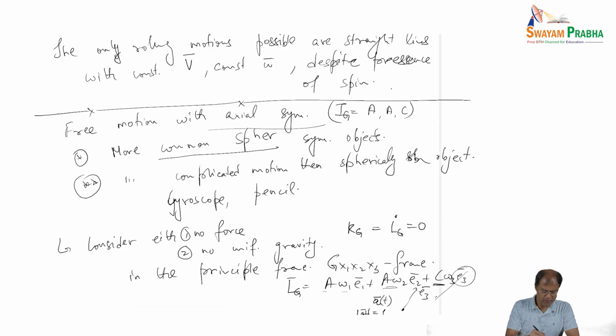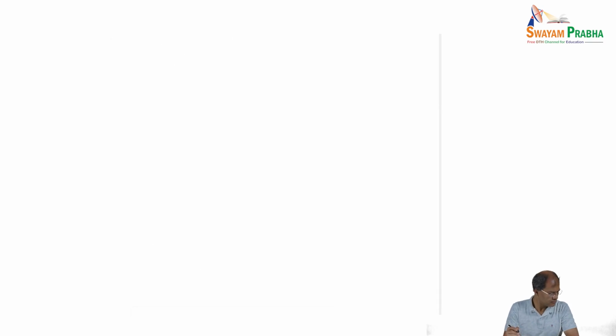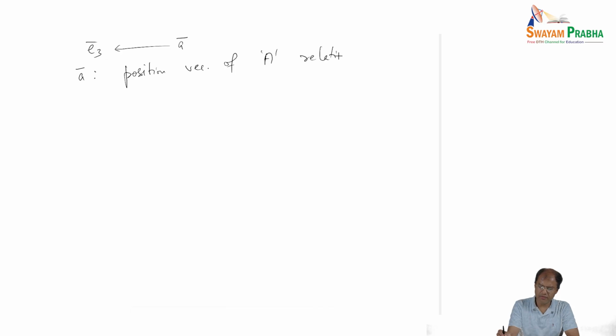So then what have we got? Suppose we denote our E3 axis by A, and let A be the position vector of point A relative to G, such that the norm of A is 1.